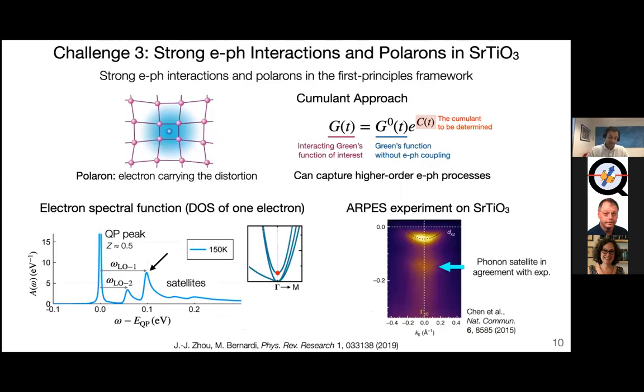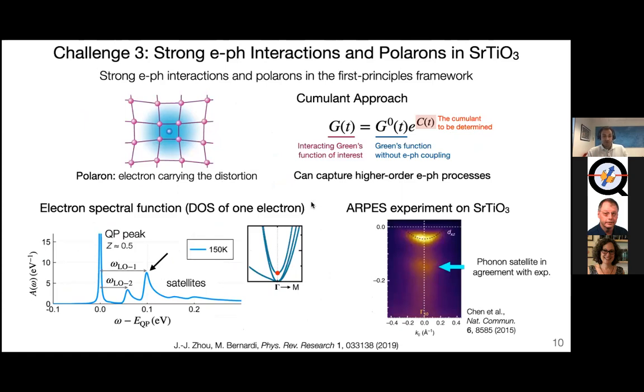The reason for that is related to the fact that in many oxides, the electron-phonon interactions are stronger than what one can compute using lowest order perturbation theory, which is the approach that we have used so far in this talk.